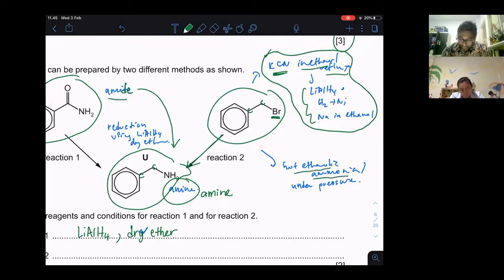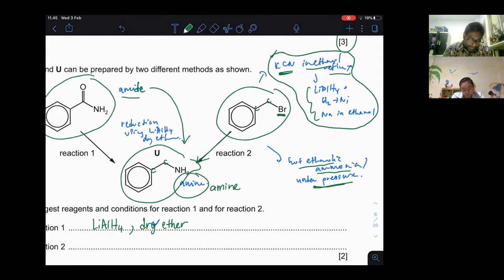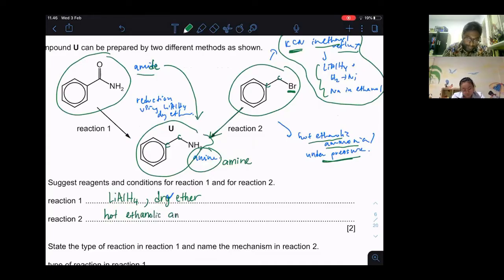Okay, and this one is not mentioned in the textbook, but it is mentioned in the marking key. So we will just learn it and put everything together. So here, reaction 2, it must be hot ethanolic ammonia, and you just put it under pressure.